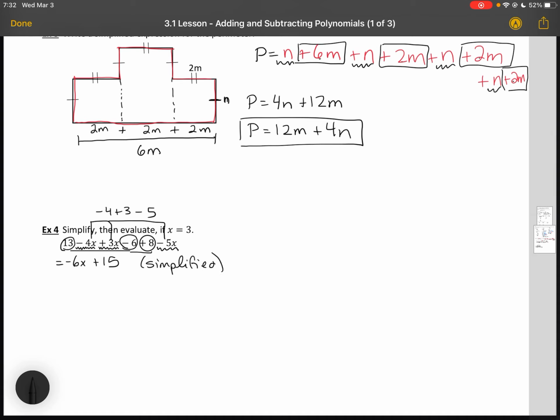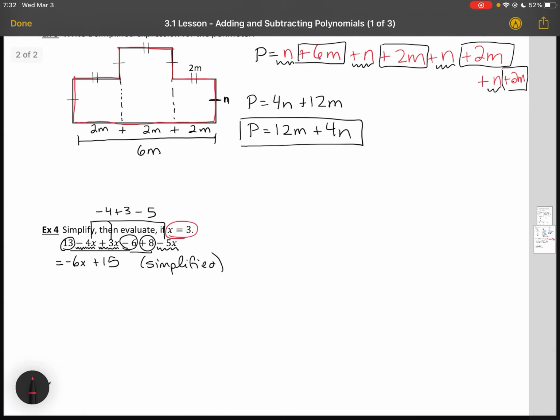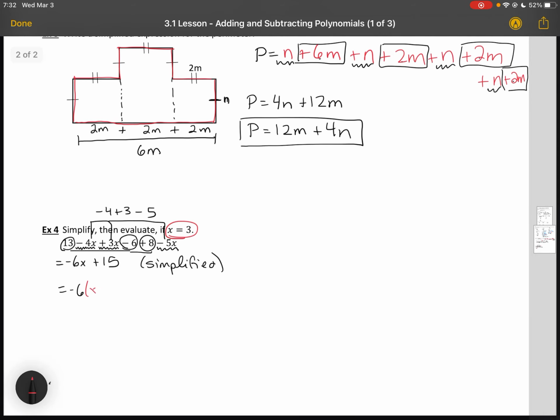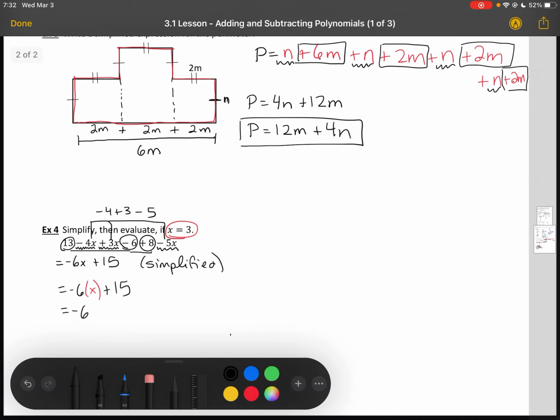And now I'm going to evaluate by substituting in x is equal to 3. So right here, I've got minus 6x plus 15. And I'm going to replace that x with a 3.